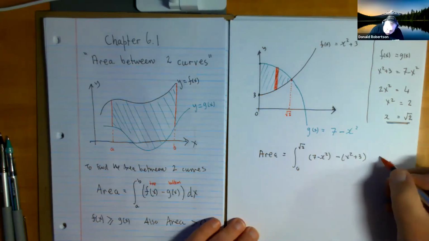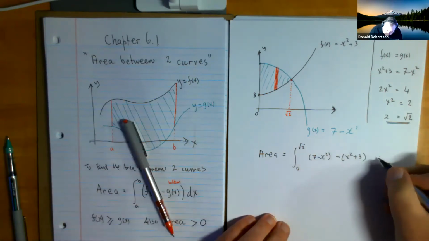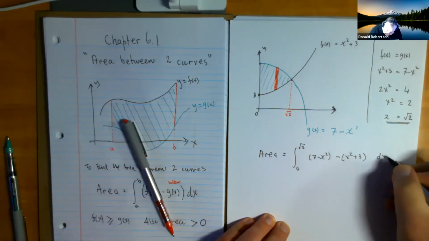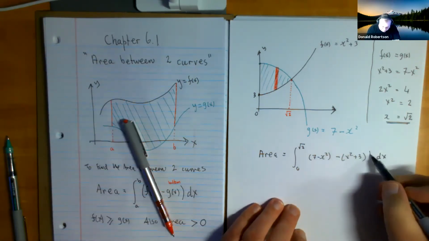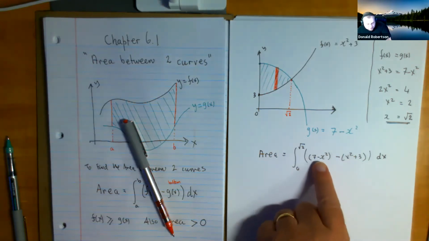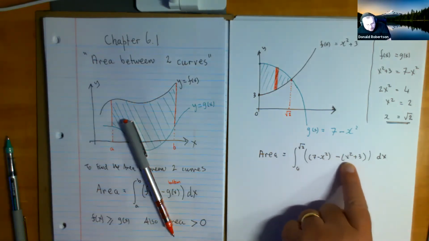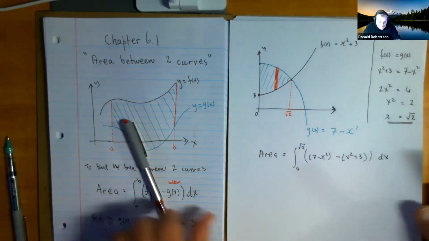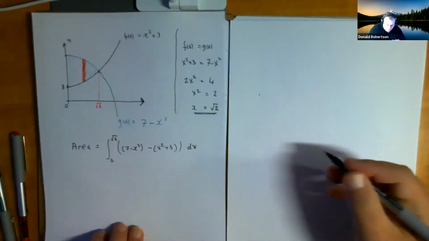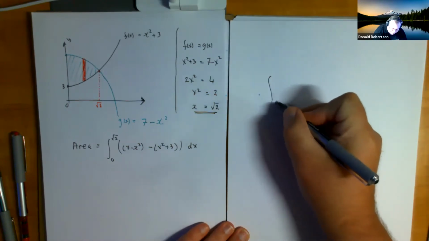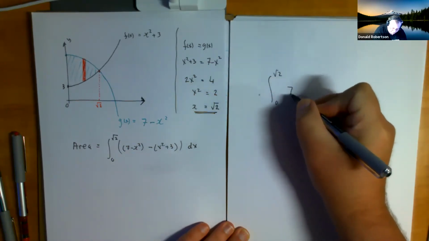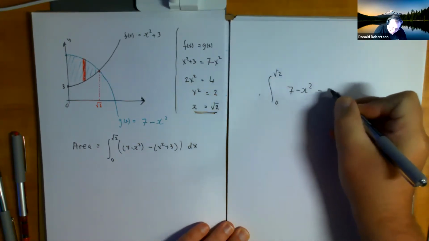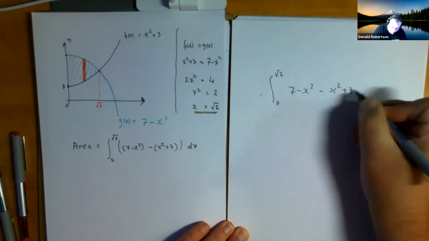Now, here's another thing which you can sometimes not pay attention to. Do you notice it's first curve take away all of the second curve? Now you may think, what's the big deal here? This is the wrong way to write this fella down. Top guy, take away the second guy.